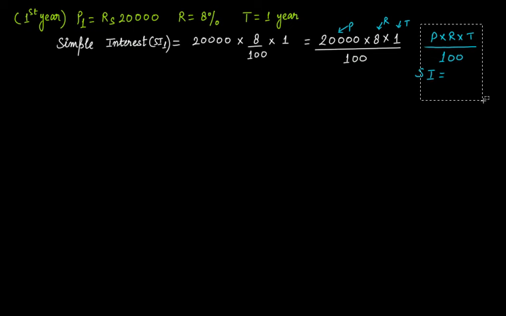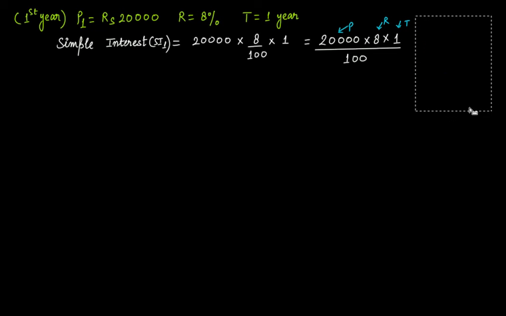If you calculate this value, the 2 zeros go and you have rupees 1600. Rupees 1600 is the interest for the first year. Now tell me, you have the principal here, and you have the interest that you have calculated for the first year.